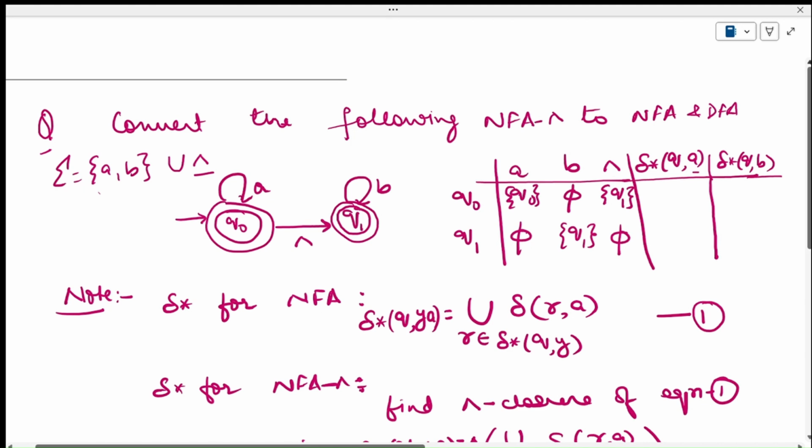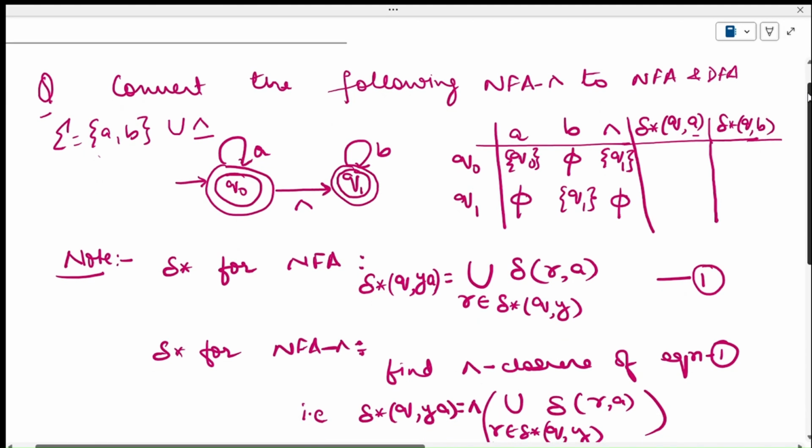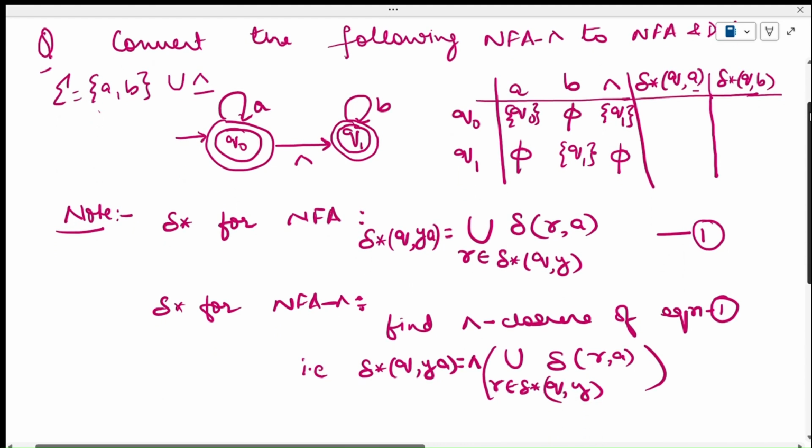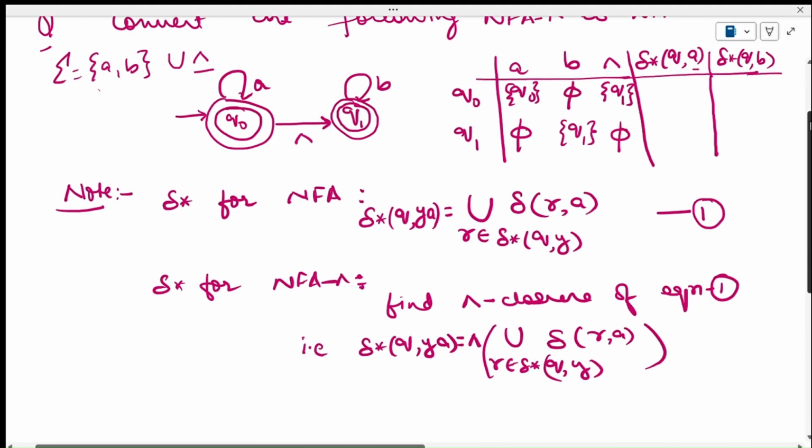For this, you need to remember, if you have gone through the extended transition function concept, I have already discussed this delta star for NFA. If you remember, this delta star for NFA is given as delta star of Q comma YA is the union of delta R comma A, for R that belongs to delta star Q comma Y. Please do watch the video for extended transition function of NFA.